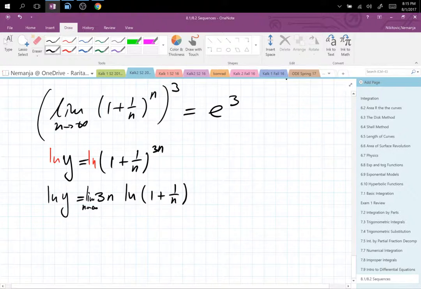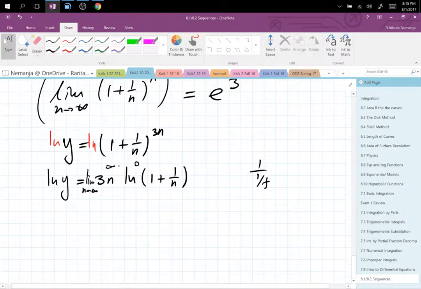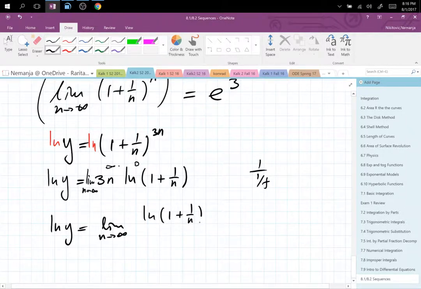As n goes to infinity, you see that this is infinity times 0. So you use the 1 over f trick. You learned in Calc 1 all of this. So ln y is the limit as n goes to infinity of ln of 1 plus 1 over n divided by 1 over 3n.